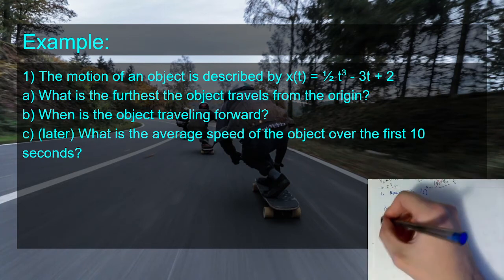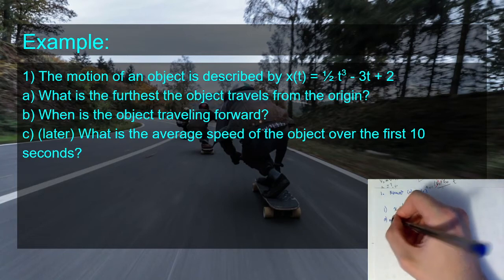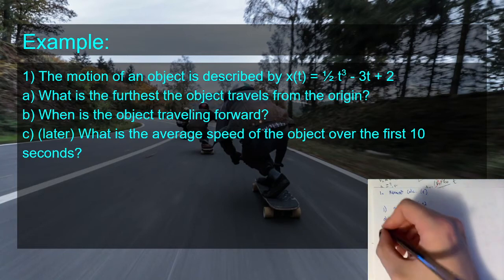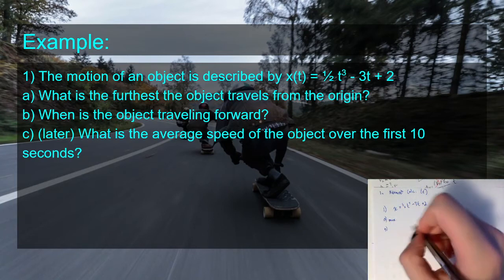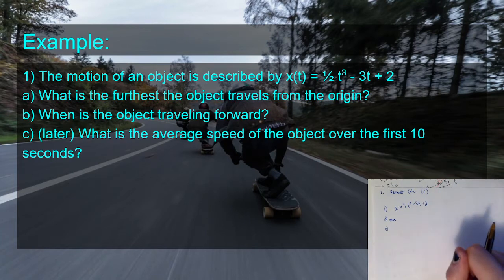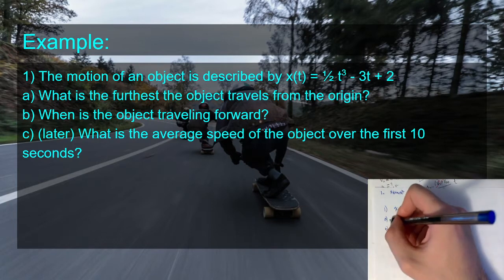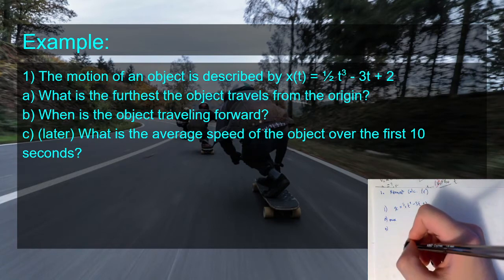And for A, we're looking for max. For B, it just occurred to me, this is probably going to be one that, yeah, I messed up. I'm actually going to change this one to minimum. That wouldn't do it either.